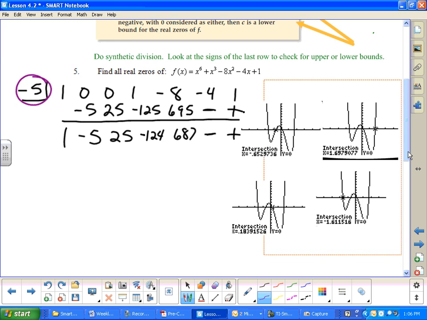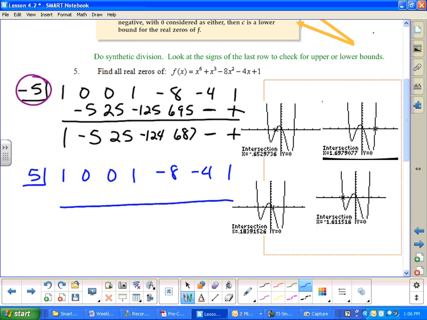When we do positive 5, we're expecting them all to be positive values. All right, so let's try positive 5. You may not even have to do any multiplication. It's just a matter of seeing it. Pick a positive number above the last zero you find. Sometimes if you're too close to the zero, it won't work, and you might have to go over a couple more numbers. So we have 1, 5, 5.